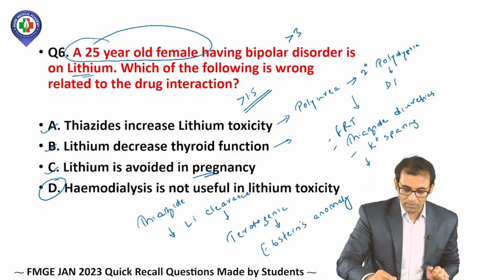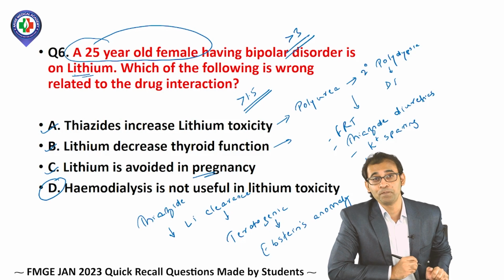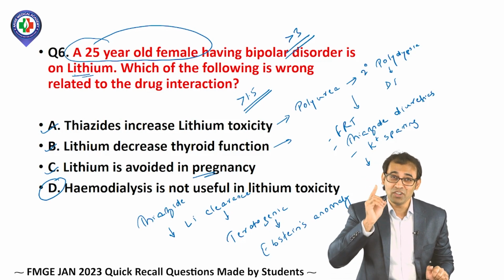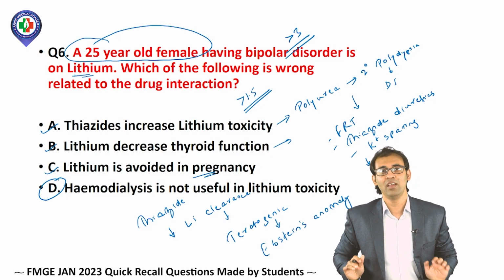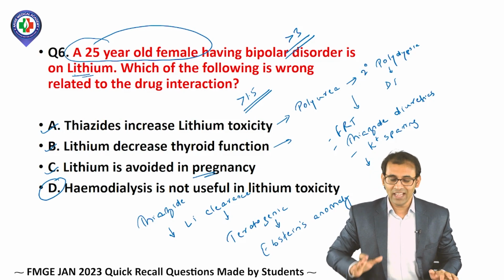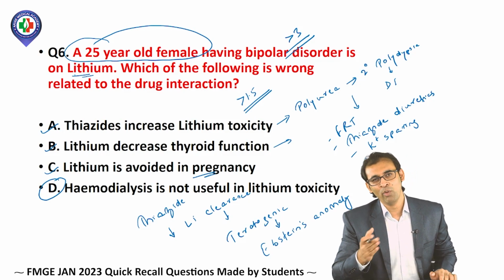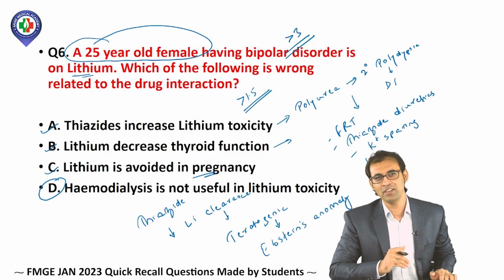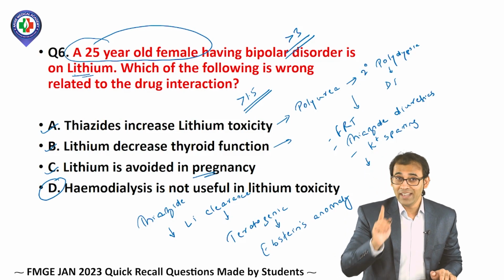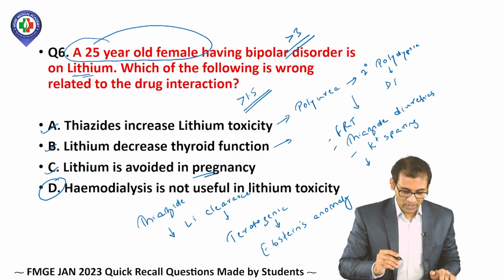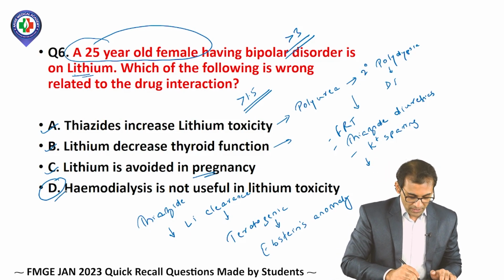More than 3 milliequivalent per liter, there will be irreversible damage of the nervous system, and this is a 100% indication of dialysis. It means at any cost you have to do the dialysis to save the patient, because at more than 4 milliequivalent per liter plasma concentration of lithium, the patient will die. So dialysis will be mandatory in a case of lithium toxicity. So here the wrong answer will be option number D.